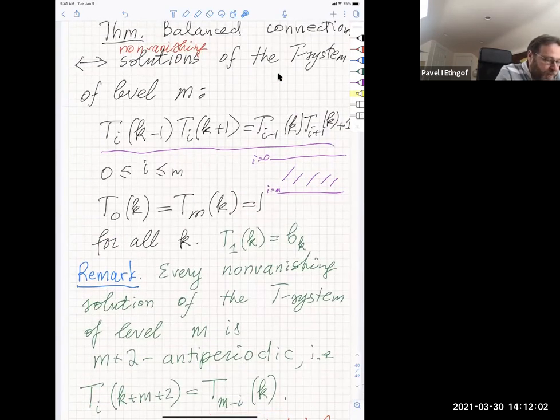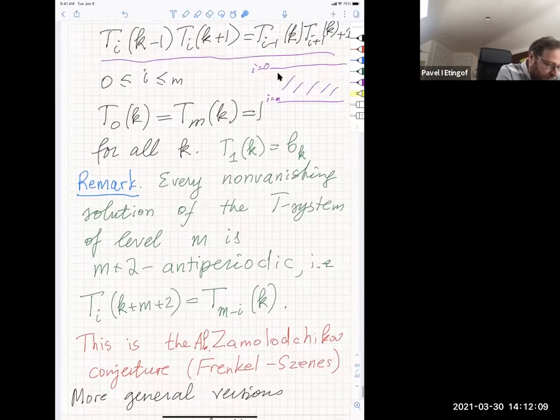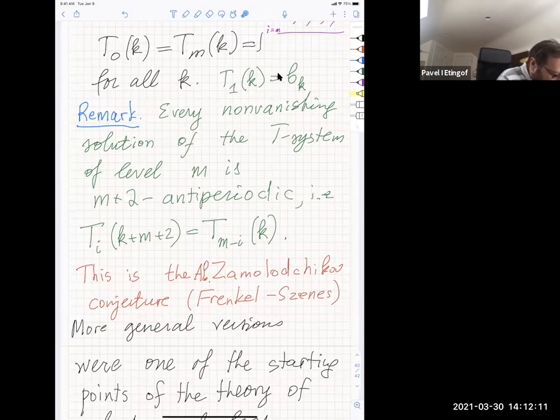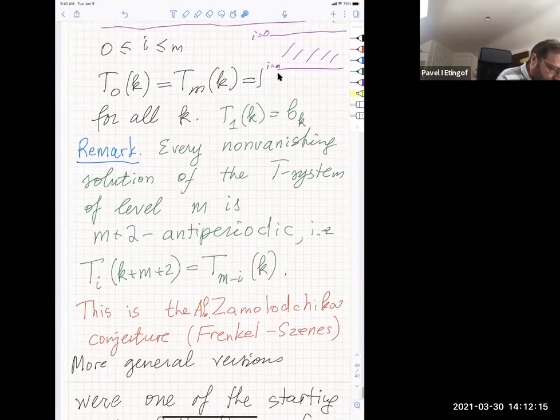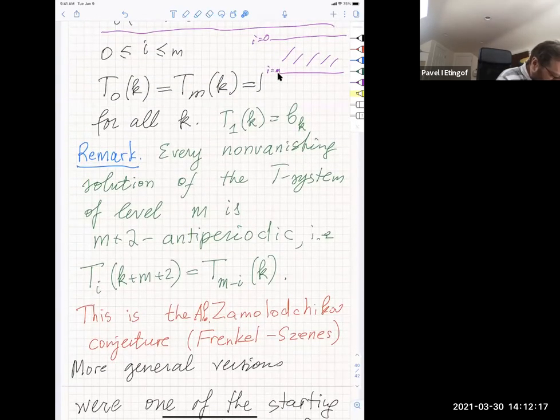So if you shift by m+2, you get the same thing, except that this strip is flipped. If you shift by twice m+2, it's just completely periodic. And actually, this is the Zamolodchikov conjecture. It's not so easy to check, actually. And it was checked by Edik Frenkel and Andras Szenes.